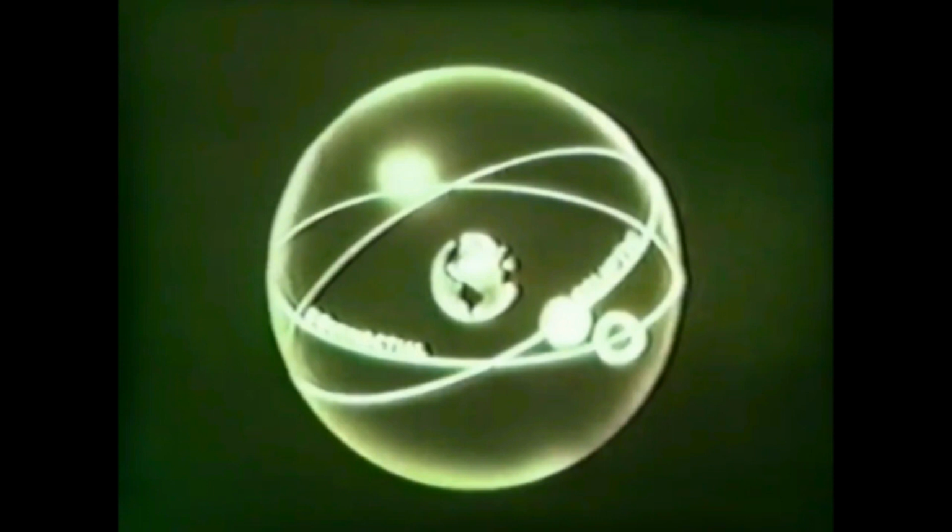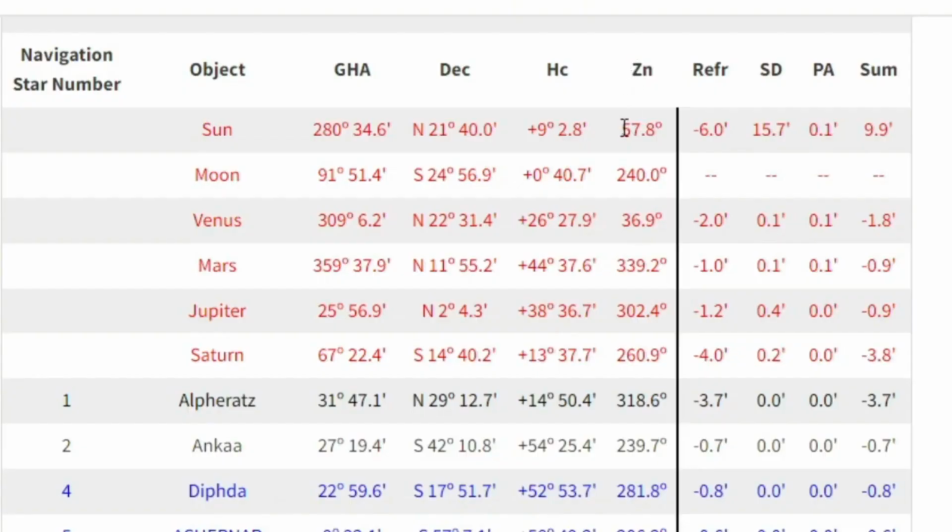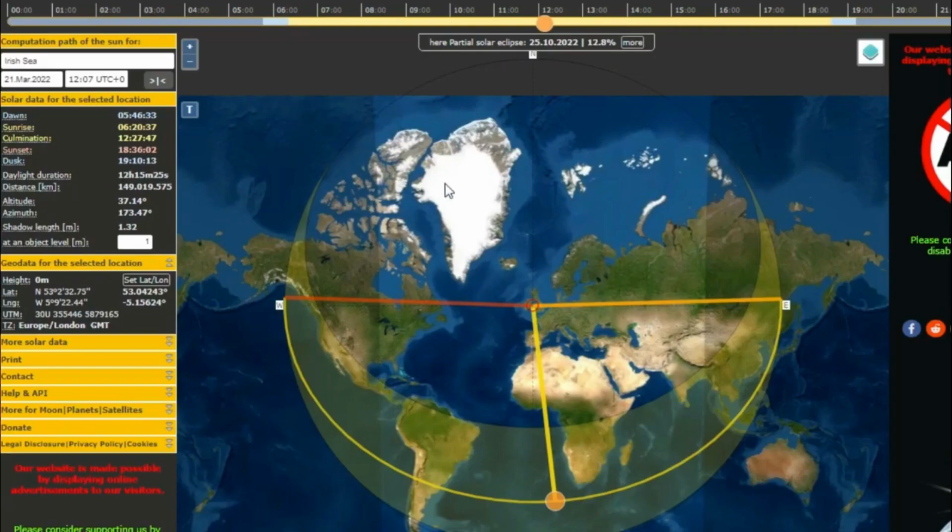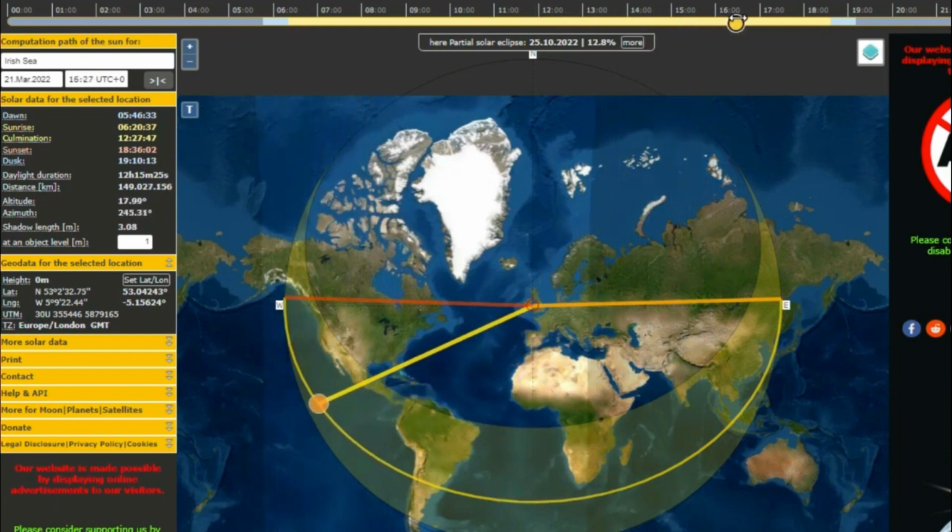Average rate during a year, not even a day. Oh, by the way, this is a US Navy video, an old one. So you must know these are the observed celestial bodies. Those apps here don't use the virtual sun that goes 15 degrees around. These apps use the ZN, the observed sun's location that people see in the sky.